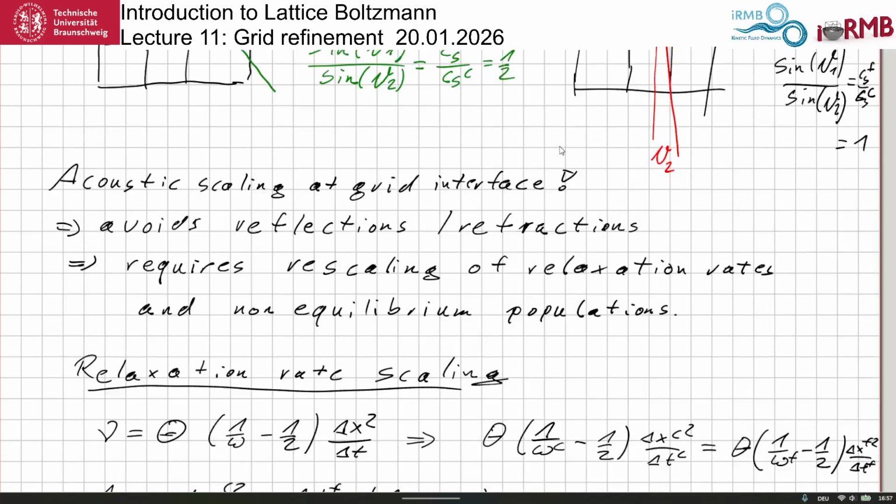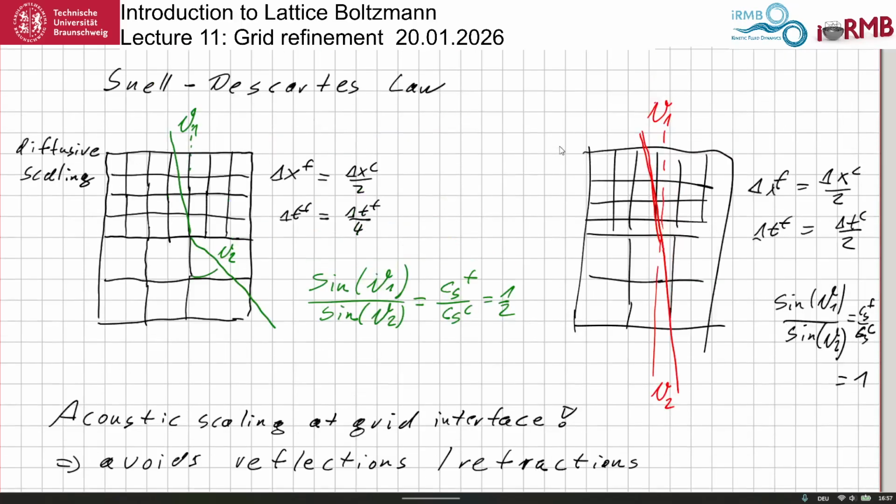So we were talking about non-reflective things and so on. One problem that you have is that even though a pressure wave actually goes through this without disturbance, that's very good.